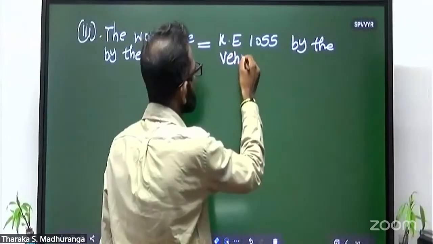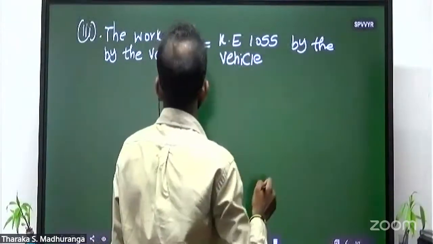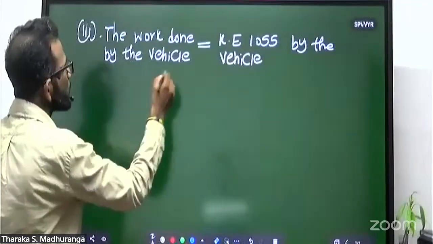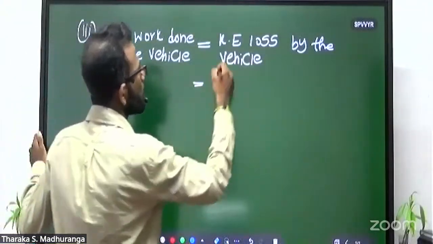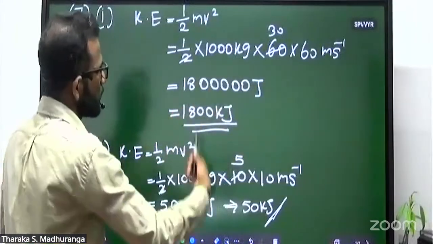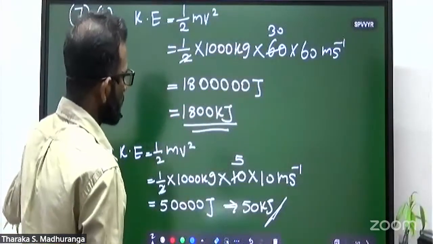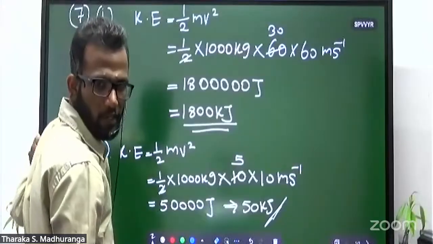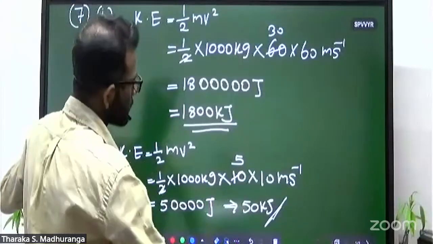That's a principle. The work done by the vehicle equals the kinetic energy loss. The initial kinetic energy is 1800 kilojoule, the final is 50 kilojoule.